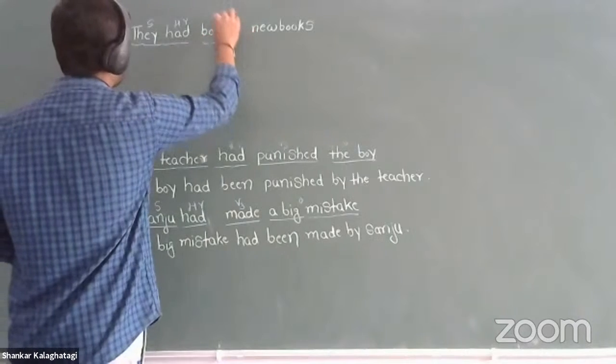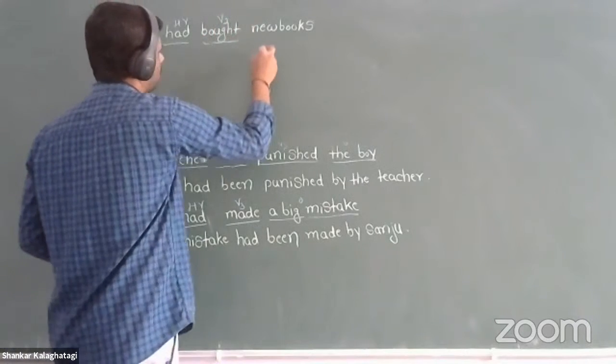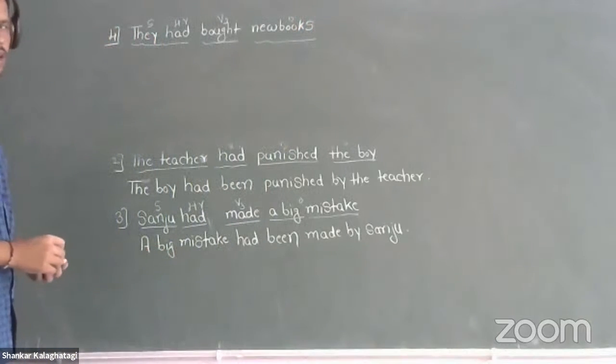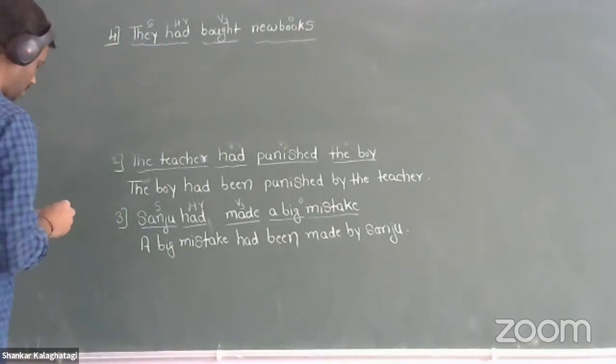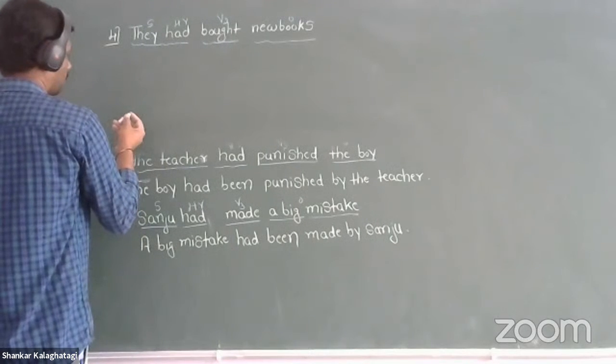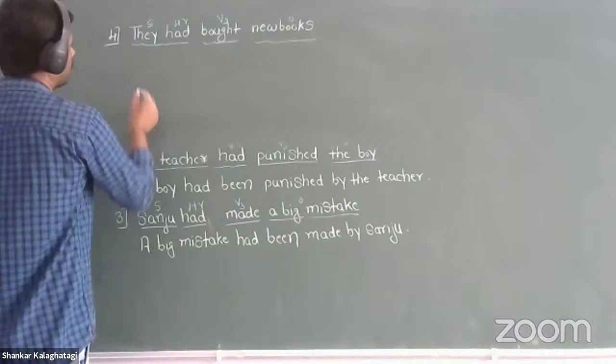So bought is our V3. So new books is object. Simple thing. So change it. New books had been bought by them.